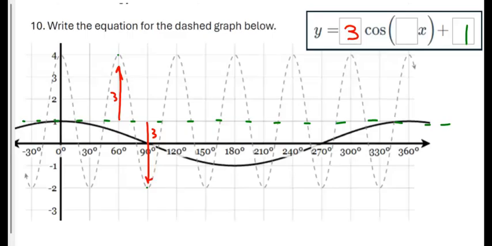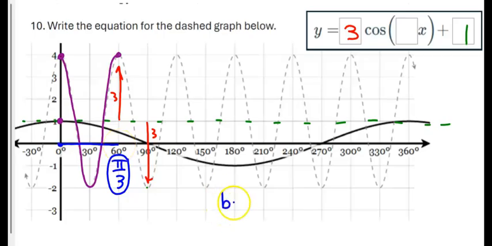We are starting at 1 around the y-axis, and we're doing a full period, which is 60 degrees. For the b value, I'm going to use pi over 3, since that is the radian measurement for 60 degrees, our length for one period.